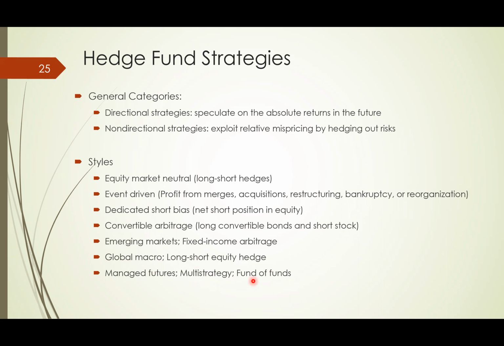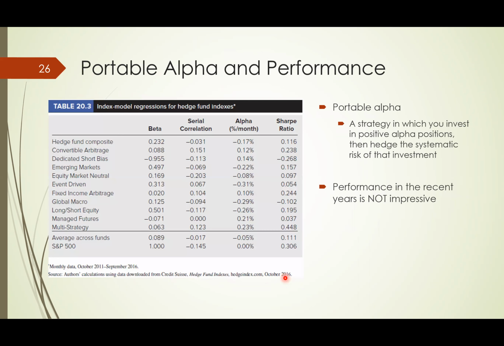Retail investors may be able to gain exposure to hedge funds by investing in a fund of funds, which is traded on stock exchanges as a closed-end fund, but with underlying assets invested in hedge fund strategies. In general, there's not much evidence showing hedge funds on average outperform the market. The beta refers to the hedge fund's exposure to the market portfolio, with the S&P 500 having an embedded beta of 1.